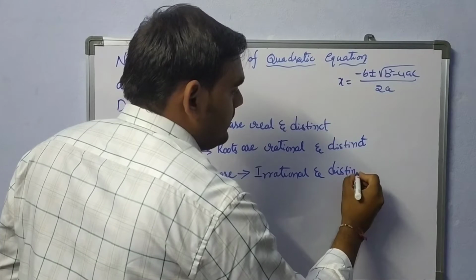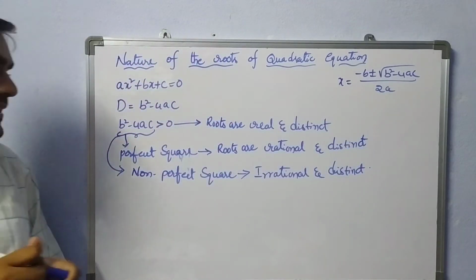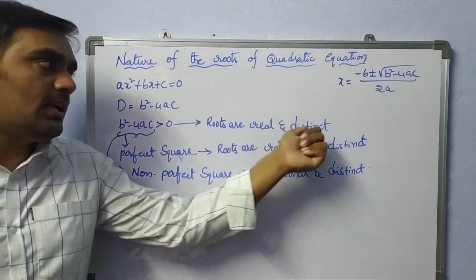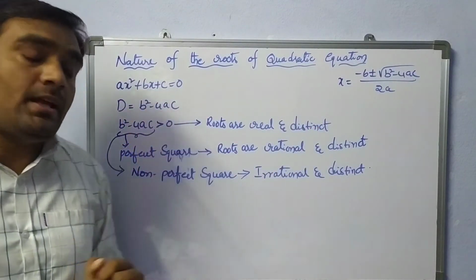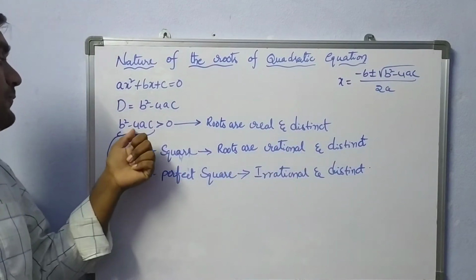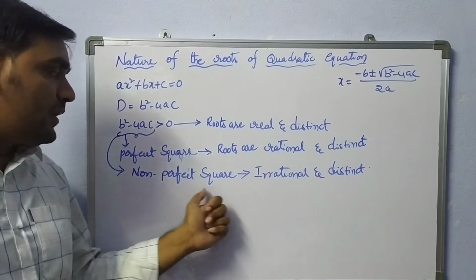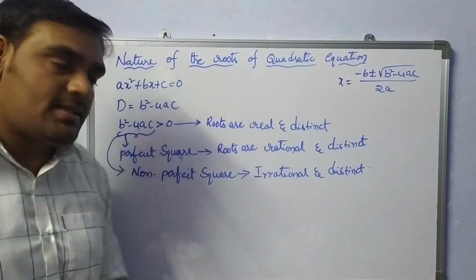Irrational and distinct. See here, b square minus 4ac is greater than 0, we can say roots are real and distinct. If b square minus 4ac is a perfect square, roots are rational and distinct. If it is not a perfect square, roots are irrational and distinct.